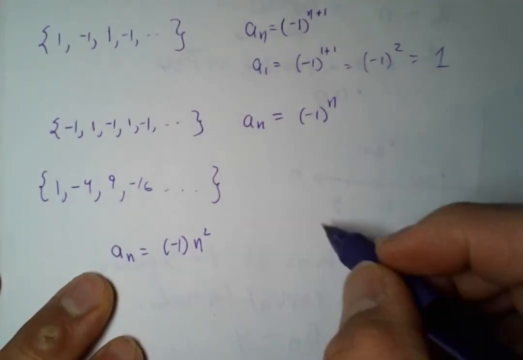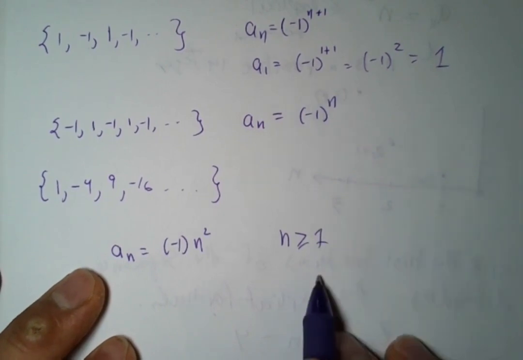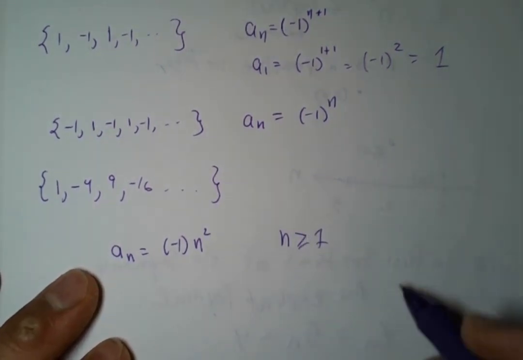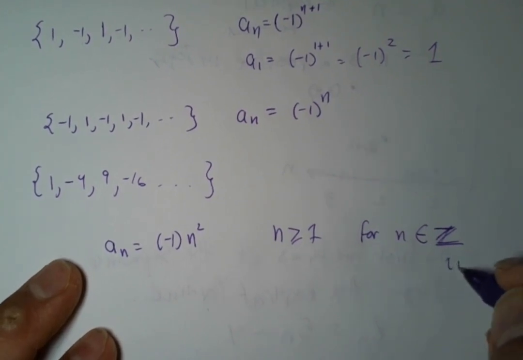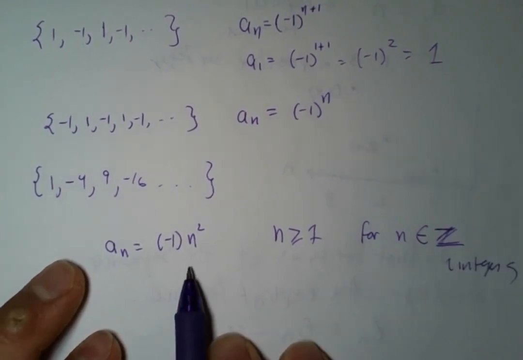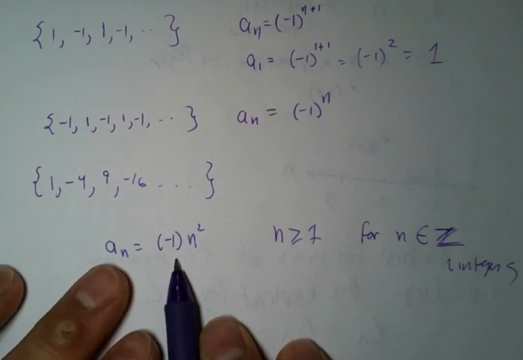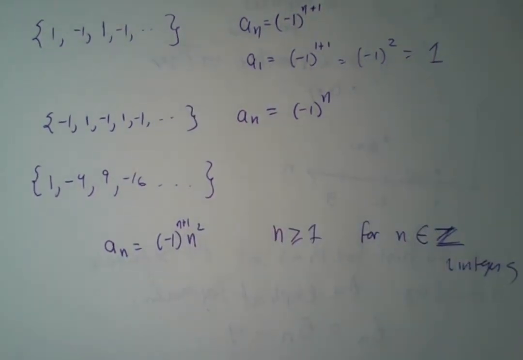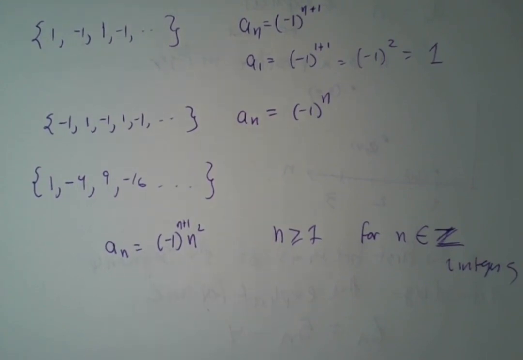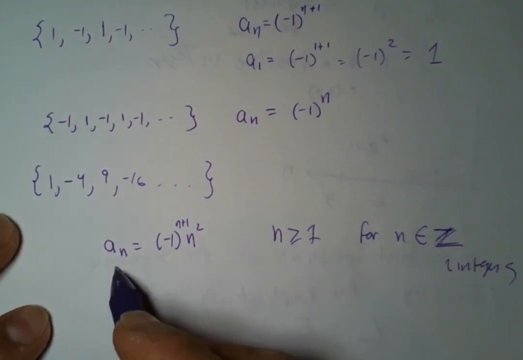So -1 to the... now be careful here, since n takes on the value of 1 or bigger, starting at 1, for n being an integer. This fancy Z here is telling me these are integers. If I want to make sure that I start off with positive, then I'm going to write n plus 1, or n minus 1 would get you the equivalent expression that you want. So now when I plug in 1, I start off with a positive value, and then it'll alternate between positive and negative.